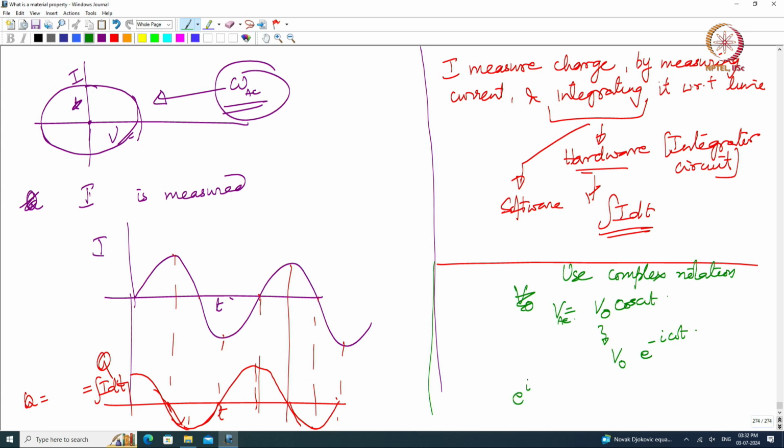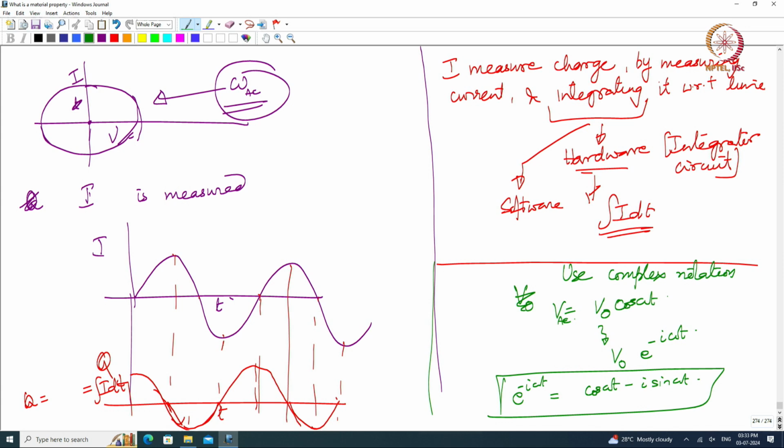Now, what is e power minus i omega t? That is equal to cos omega t minus i sin omega t. I am going to take the real part of this whenever push comes to shove. But there is some advantage of using complex notation, we will see very soon what this advantage is.